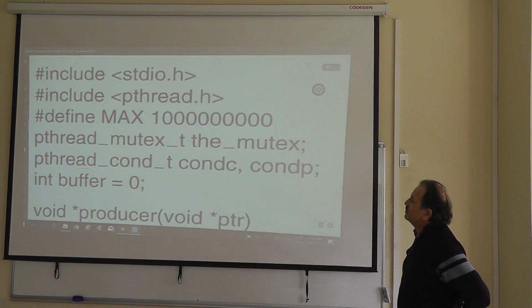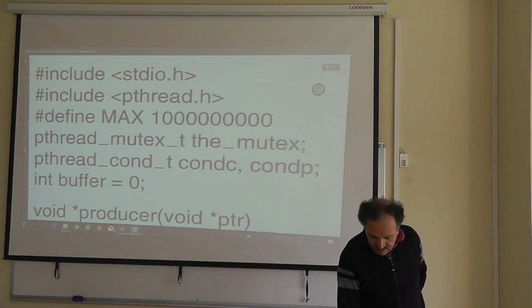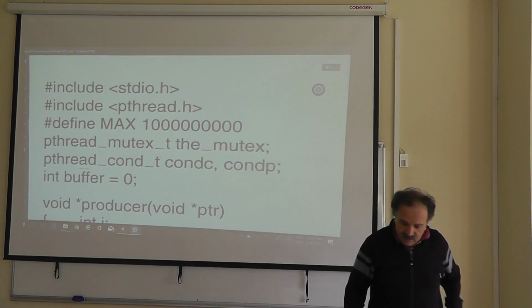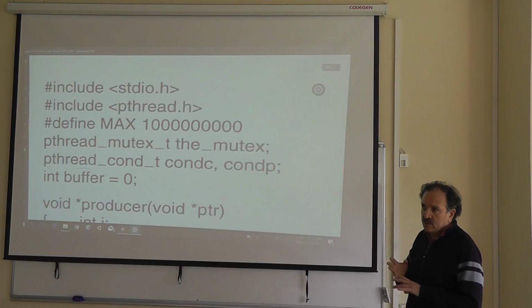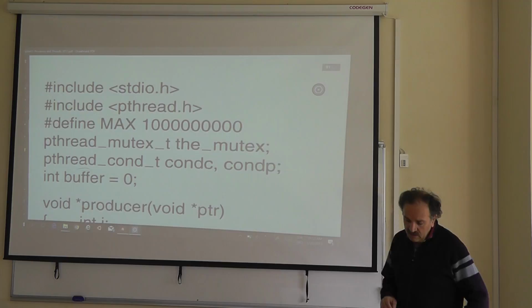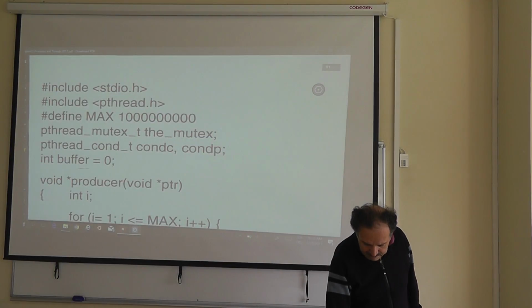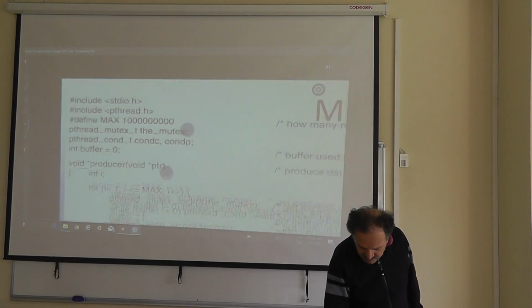There is also an integer buffer. So I will do the producer-consumer problem with these condition variables and the mutexes. These are my global variables.